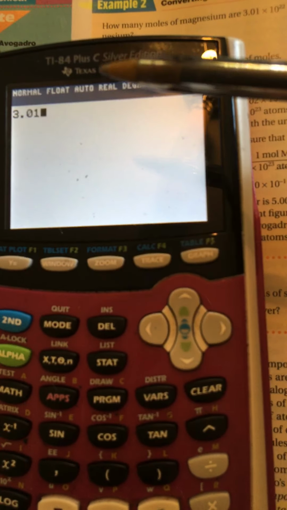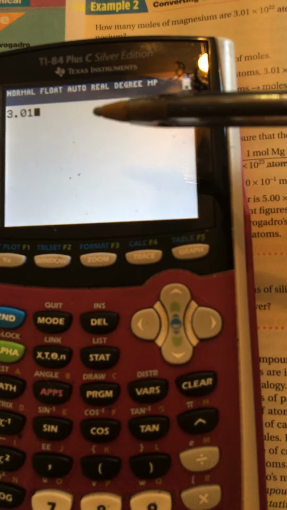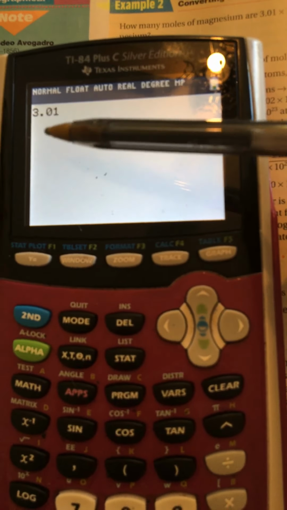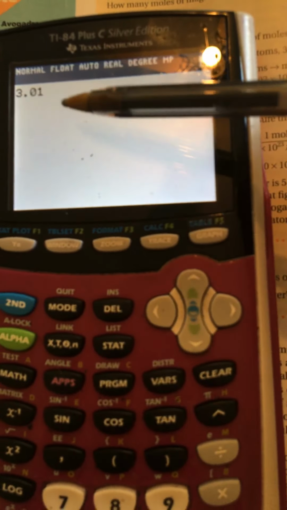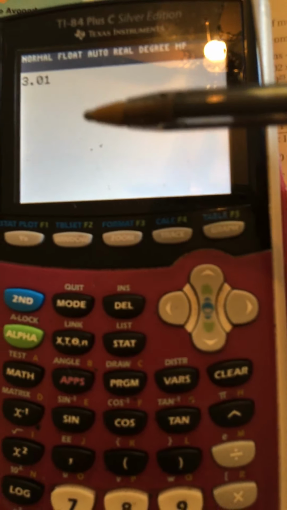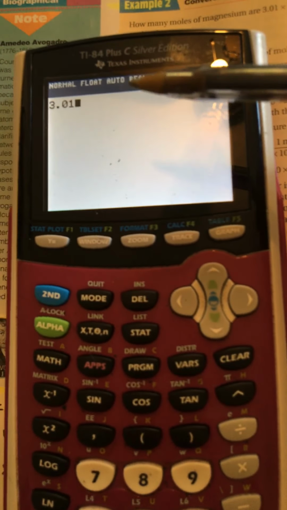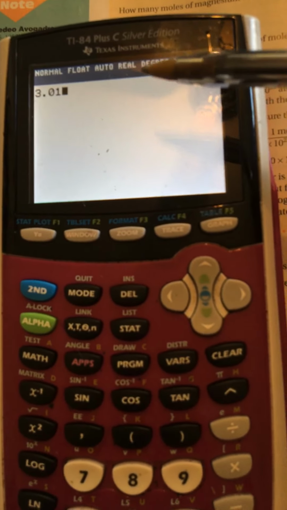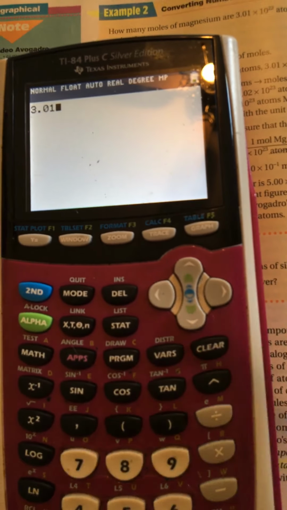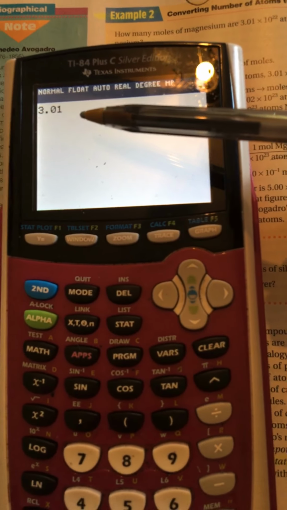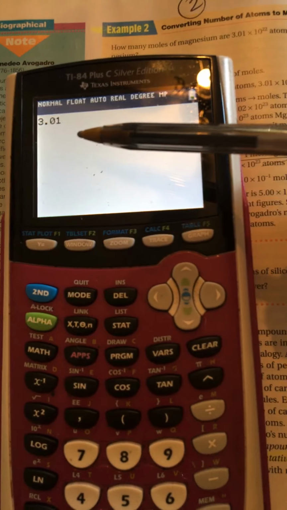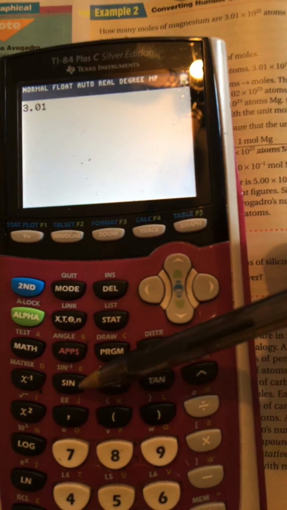And sometimes it works out okay, but sometimes it doesn't. And if you will just get in the habit of always using the scientific notation button for scientific notation, it'll save you a world of hurt, as my daddy would say, which means later on, you're going to end up missing a college problem, and you're going to end up getting a bad grade just because you didn't use that button.